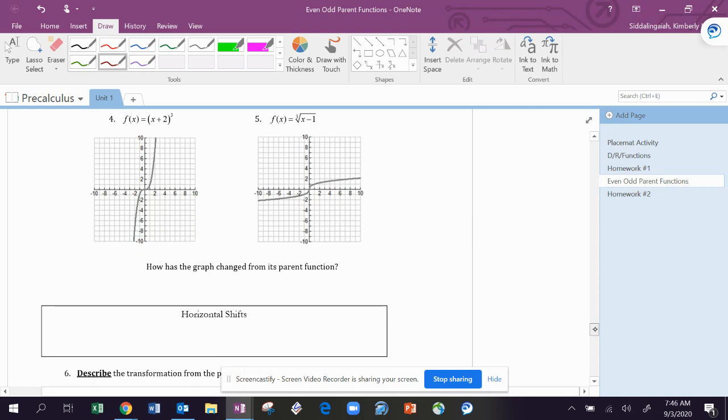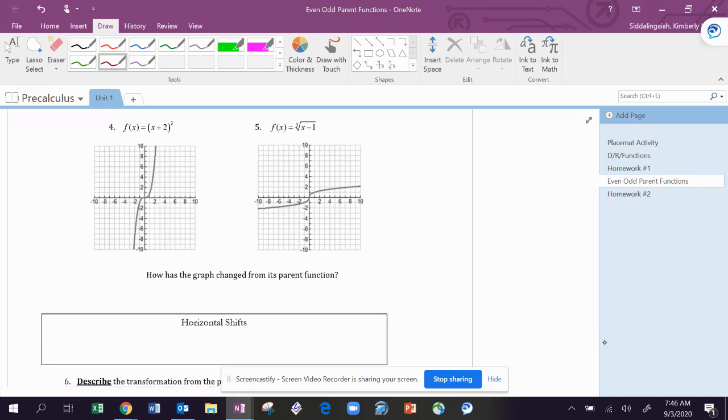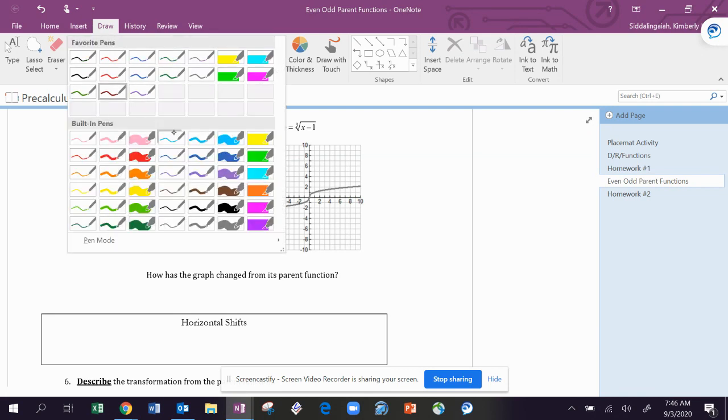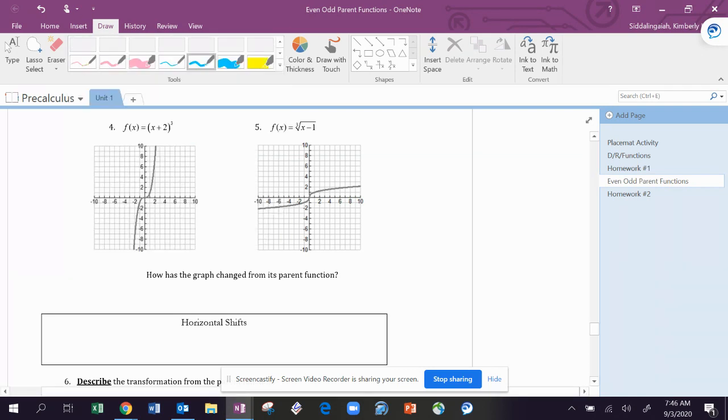Let's take a look at these. So notice how the shifting is inside now. So it's inside the function. When it's inside the function, that affects x coordinates. So it's also opposite what you would think. So if I have f of x minus c, that is actually a shift of c units.